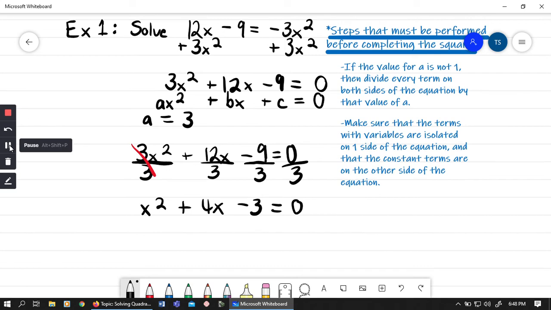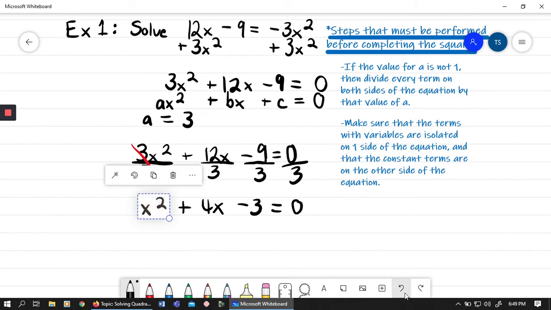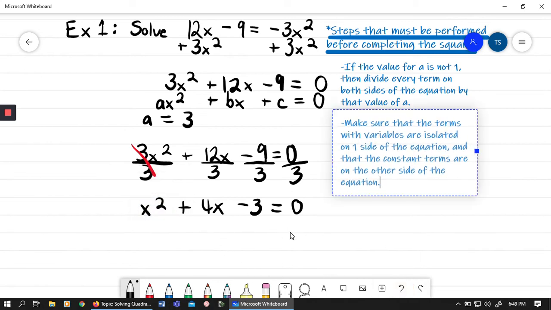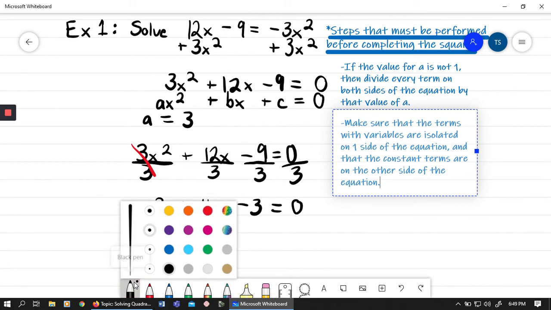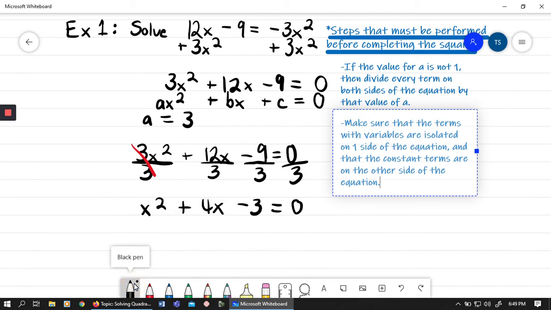Okay, so again, folks, let's see what that looks like during the process where we're isolating those terms with variables. You can see here that we've got two terms with variables, that x squared and that 4x. And so what we need to do is go ahead and get those two terms by themselves.